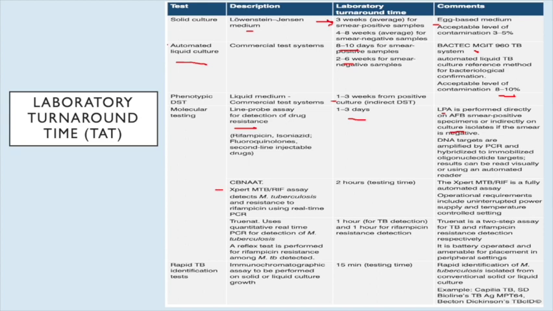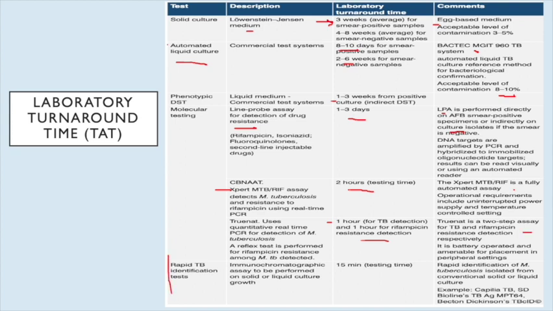In terms of CBNAAT, XPERT MTB RIF, as I told, 90 minutes is usually the time, so turnaround time is 2 hours, and it's also a fully automated assay. In TrueNAT, which uses quantitative real-time RT-PCR, 1 hour is enough for detection of TB and an additional 1 hour for rifampicin resistance detection, because it's a two-step assay, and so first it will detect TB and then it will process for rifampicin, right?